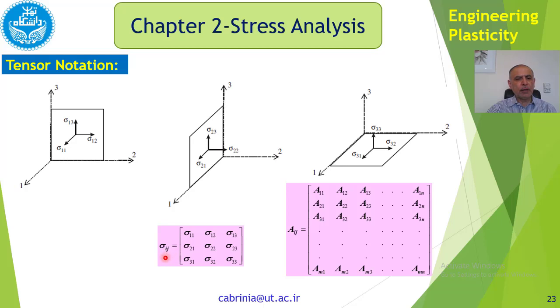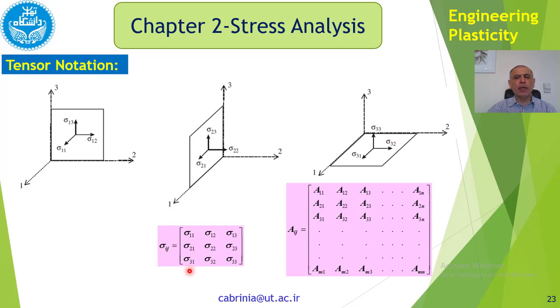Sigma ij is a tensor notation. i gets 3 values, and also j gets 3 values. We will put i equal to 1 to 3 and j equal to 1 to 3. Therefore, we have sigma 1, 1, sigma 2, 2, sigma 3, 3, sigma 1, 2, sigma 2, 1, sigma 1, 3, sigma 3, 1, sigma 2, 3, sigma 3, 2.